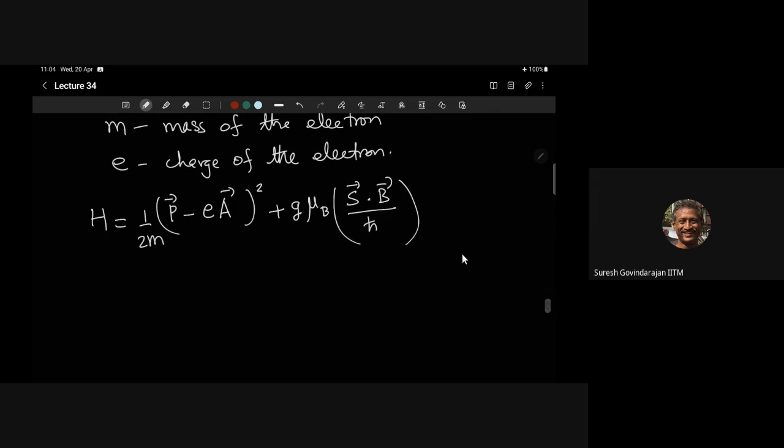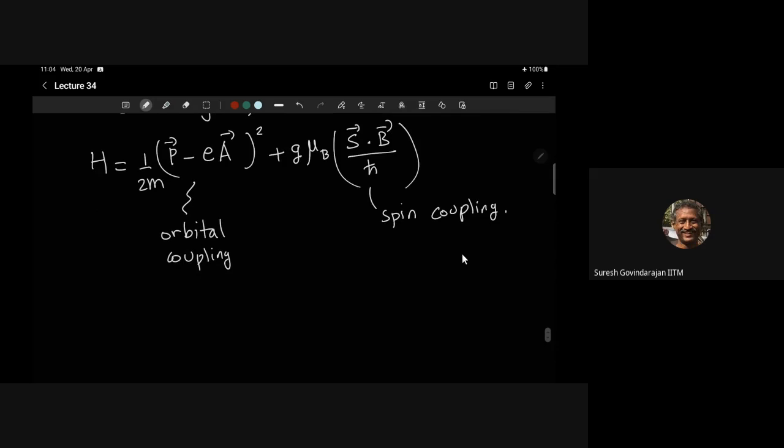So this is, if you wish, the orbital coupling, and this is the spin coupling. This would be the full Hamiltonian.